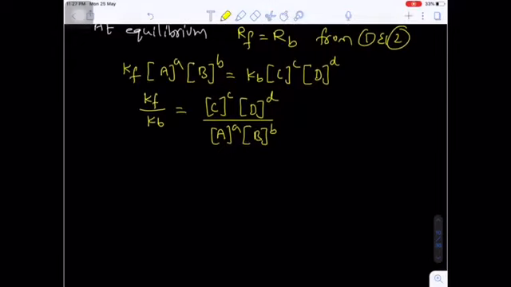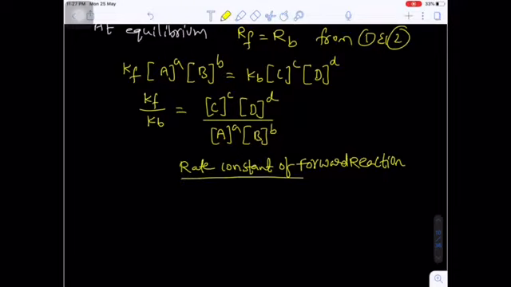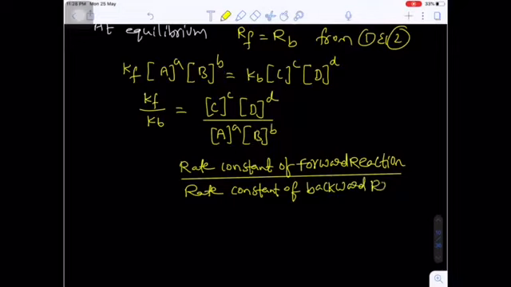Now what is the Kf by Kb? Kf, that is the rate constant of which reaction? Forward reaction, whole divided by rate constant of which reaction? Backward or reverse reaction.